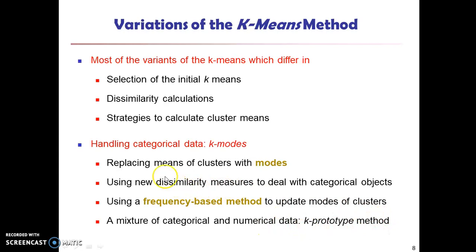So what is given over here? For handling categorical data, we need to consider K-modes, dissimilarity measurements, frequency-based methods, and mixtures of categorical and numerical data. All these things we need to consider when handling categorical data in K-means algorithms.